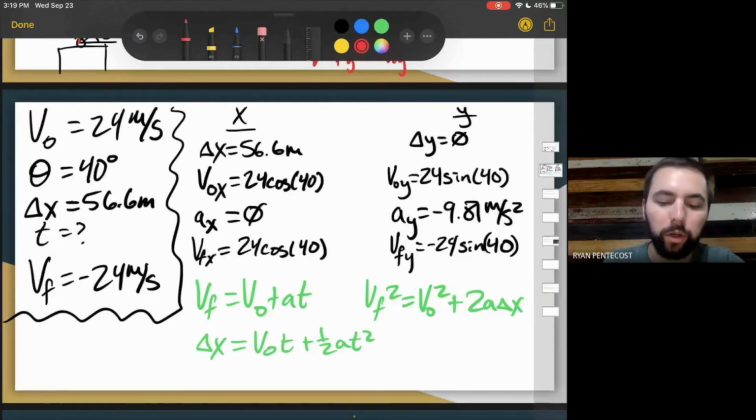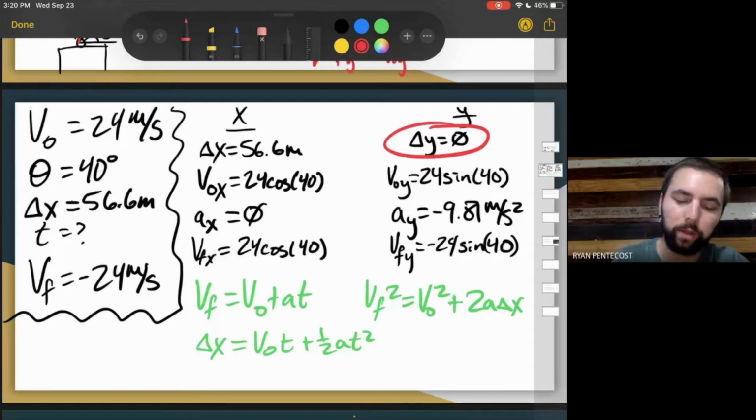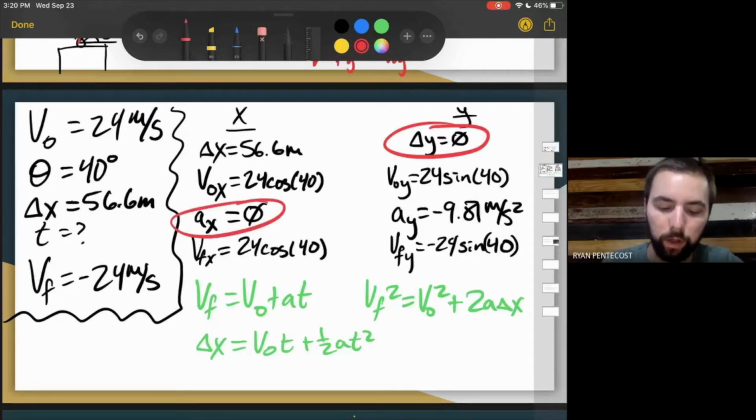Now, should we use the x or the y to solve this? We've got two issues in doing this math. Delta y is 0, and a is 0 in the x direction. So if we wanted to find time, we don't want to use this one, right? Because there is no time.